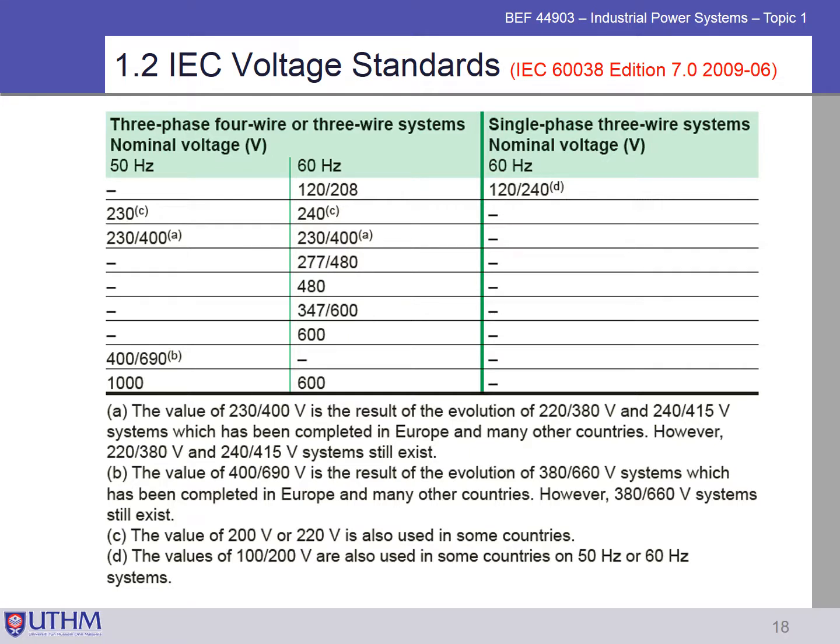The value of 230 to 400 volt is the result of the evolution of 220/380 volt and 240/415. This one refers to Malaysia: 240 for single phase and 415 for 3 phase.